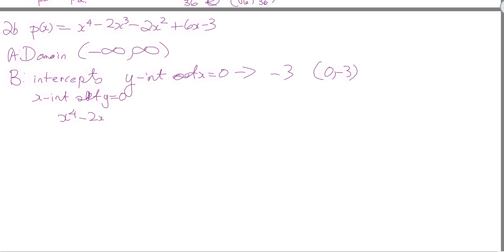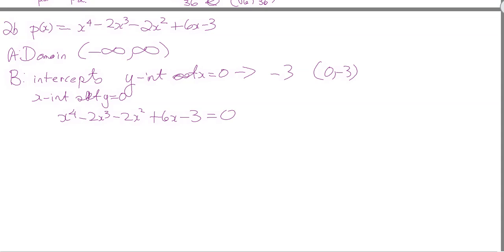x to the fourth minus 2x cubed minus 2x squared plus 6x minus 3 equals 0. Uh-oh. We can do this, you have the skills. The remainder theorem. It says if there's an integral factor, it's going to be a factor of negative 3, so plus or minus 1 or plus or minus 3.